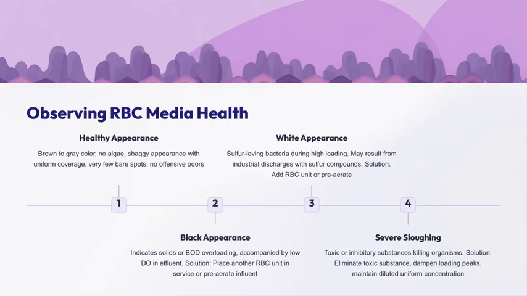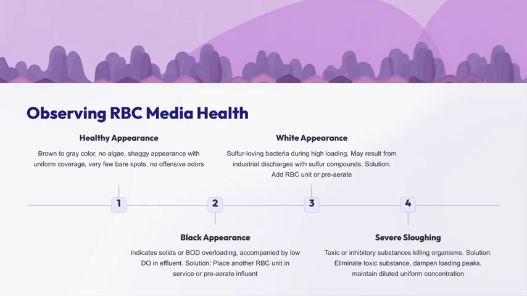Finally, severe sloughing happens when toxic or inhibitory substances are killing off the organisms. This is a sign of compromised media health. To fix this, you need to eliminate the toxic substances, dampen loading peaks, and maintain a diluted, uniform concentration to support healthy microbial communities. Overall, regular observation of media color, appearance, and sloughing helps us ensure the system remains healthy and operates efficiently.